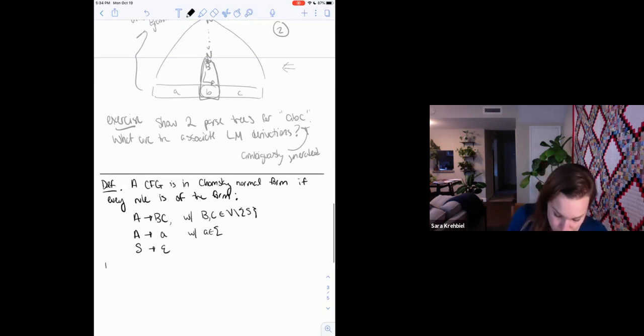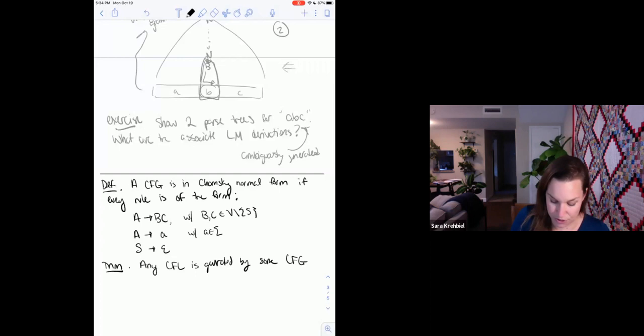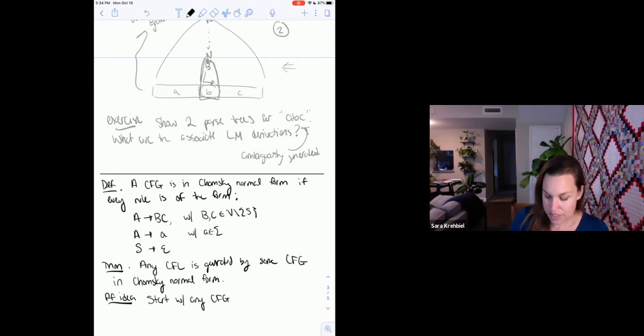A fact that we will prove algorithmically is that any context-free language is generated by some context-free grammar that is written in Chomsky normal form. The idea of this proof is that we're going to start with any arbitrary CFG.